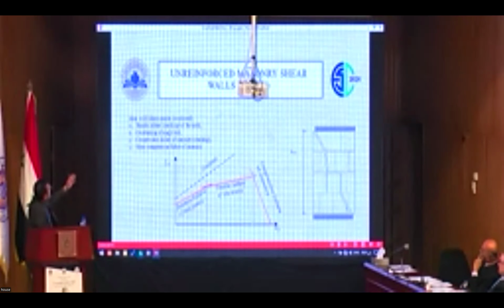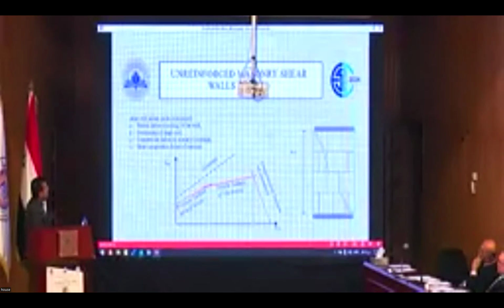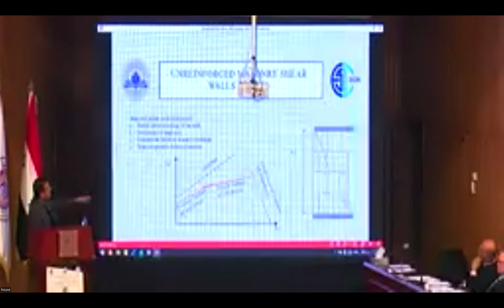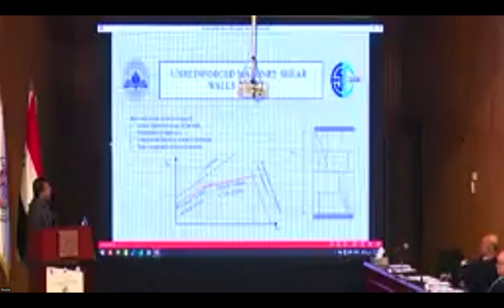And there are some other failure modes, like tensile failure, cracking of units, overturning of a single unit, compression failure of masonry, shear compression failure of masonry, and so on. This figure is a general, very simplified figure of the behavior of a shear wall under pressure and shear at the same time.